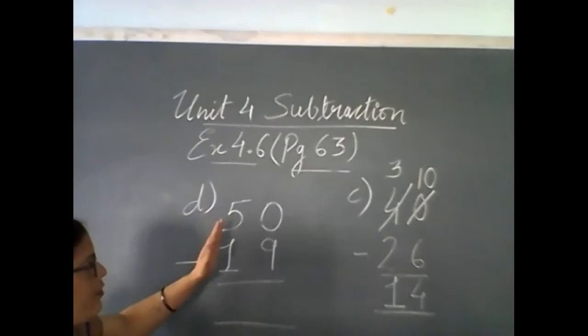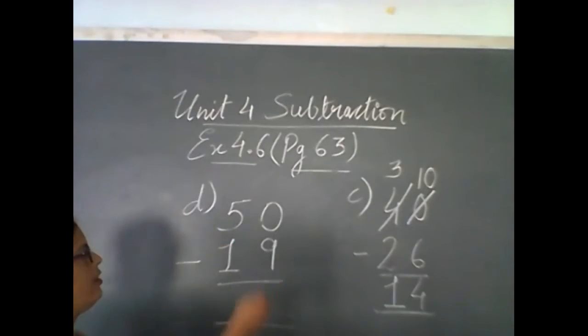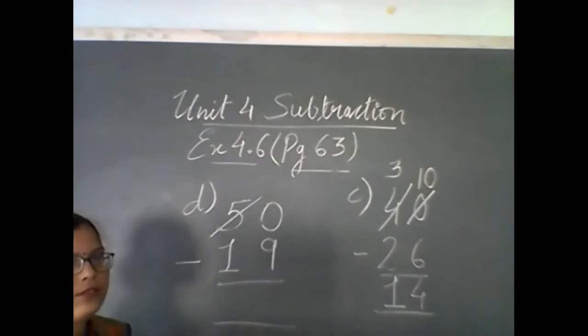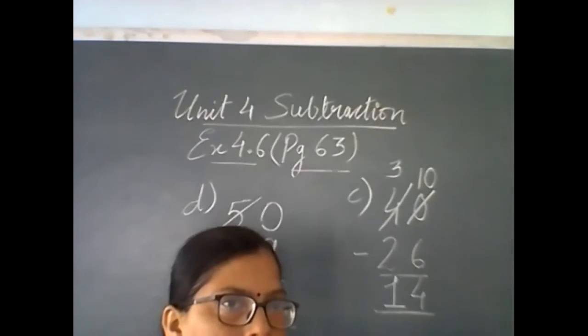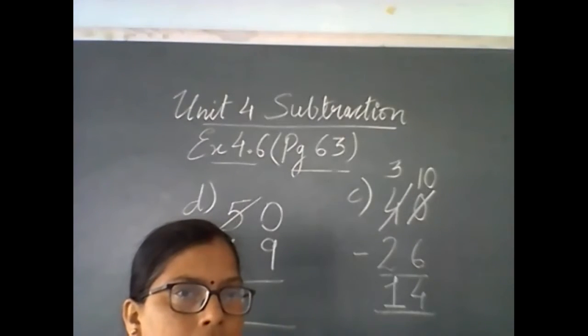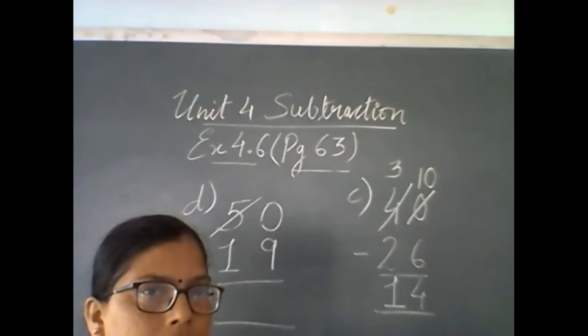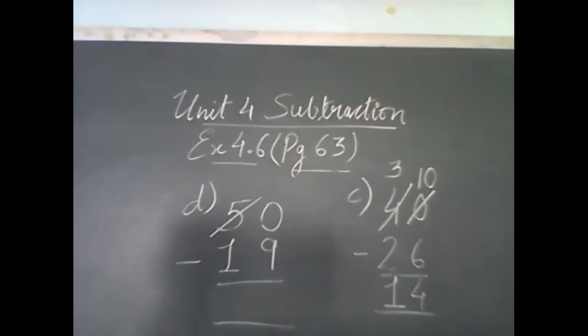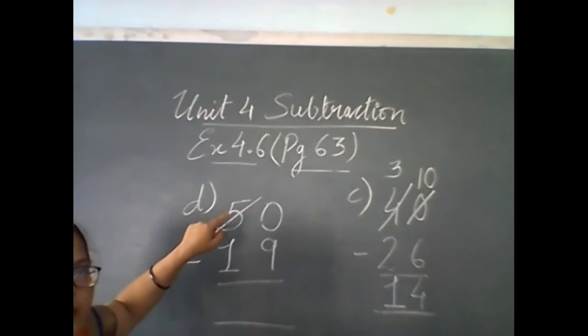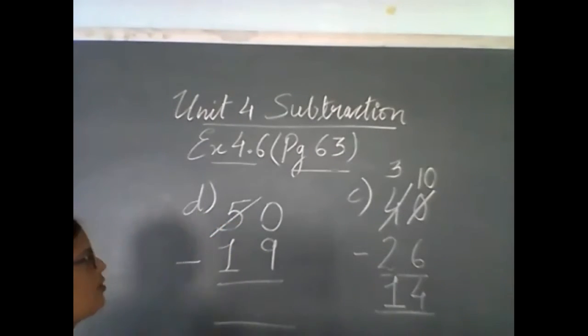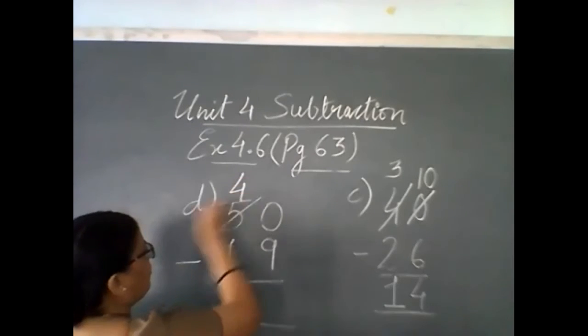So when we'll borrow 1 from 5, 5 becomes what? Show me your fingers. Kaustubh Tripathi. What will be the answer? If we take away 1 from 5, what is left here? Yeah, very good. 4.